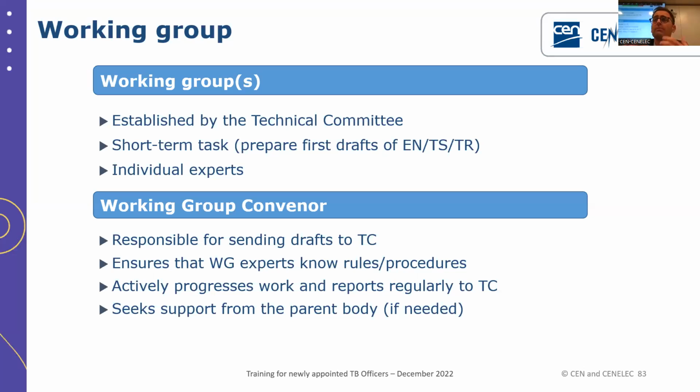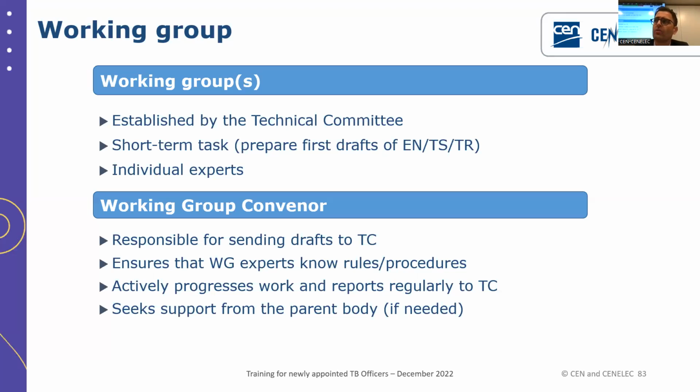From my experience, this happens more at the TC plenary meetings, where each working group convener reports on the activities of the working group. But of course, if a convener would like to circulate more than one report by correspondence, for instance, that is more than fine. In terms of appointment, it is similar to the chair of a TC.